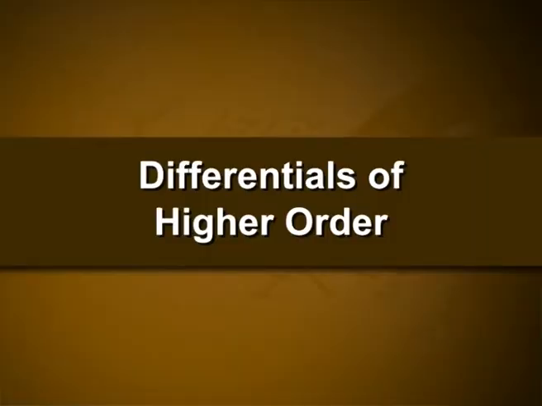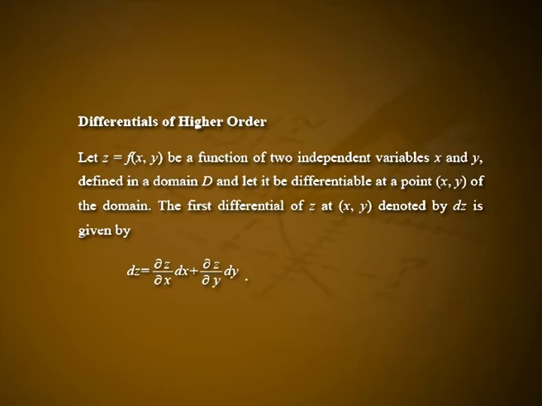Differentials of higher order. Let z = f(x,y) be a function of two independent variables x and y defined in a domain D, and let it be differentiable at a point (x,y) of the domain. The first differential of z at the point (x,y), denoted by dz, is given by dz = ∂z/∂x dx + ∂z/∂y dy.